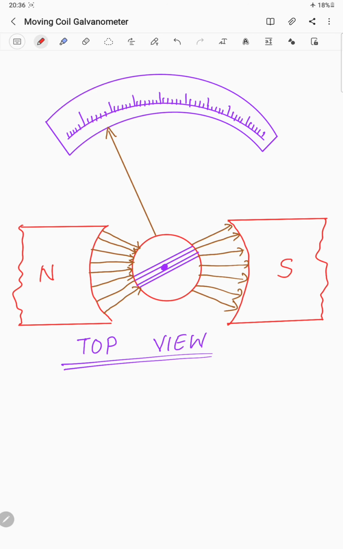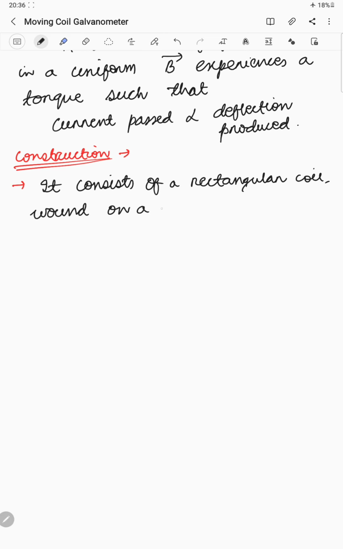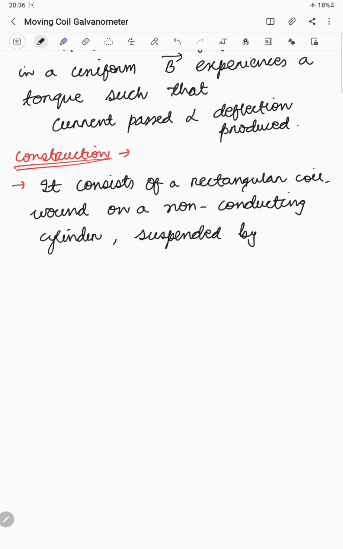Now let us write down the construction parts. In construction, first thing we'll write, it consists of a rectangular coil wound on a non-conducting cylinder suspended by a torsional wire between two horseshoe shaped permanent magnets.